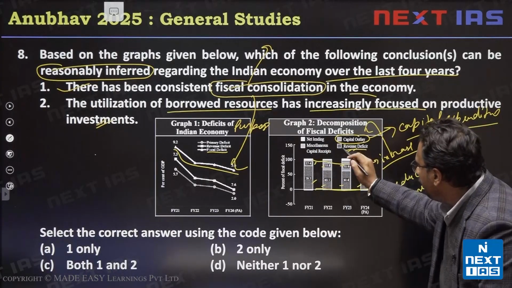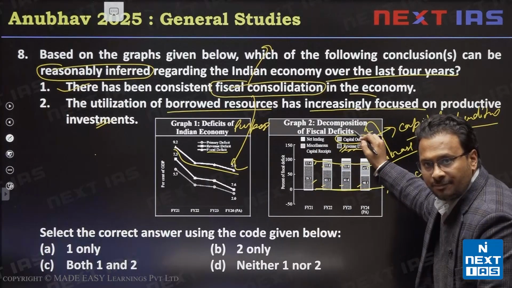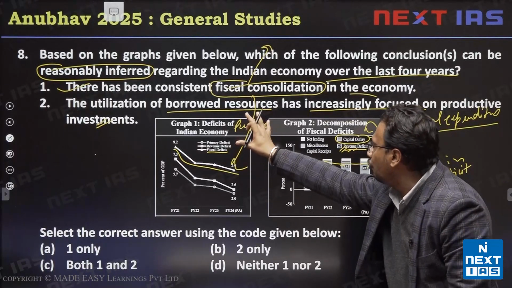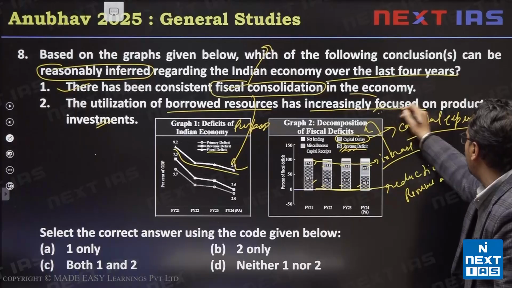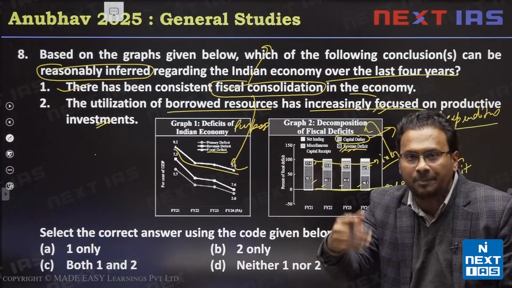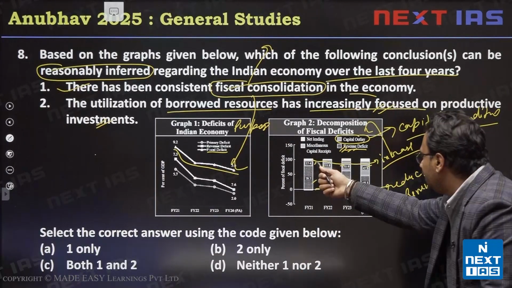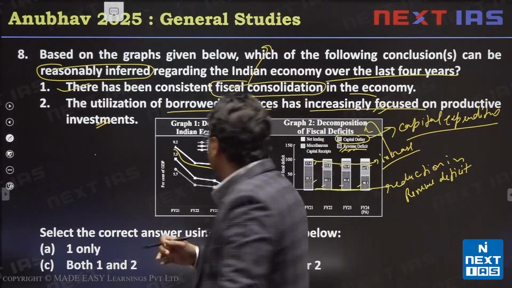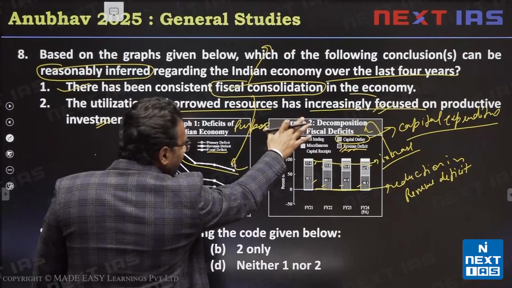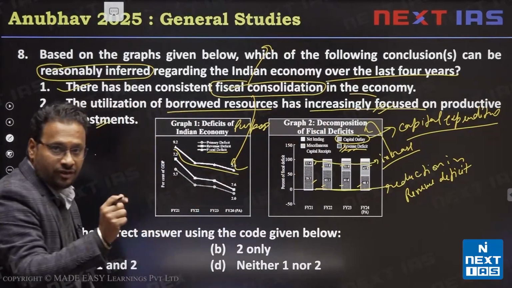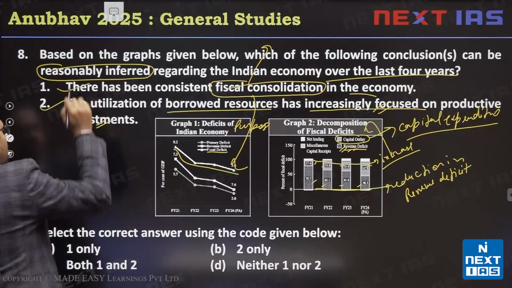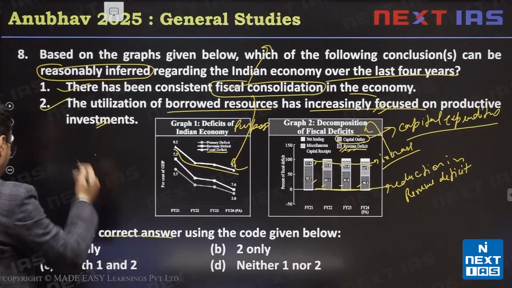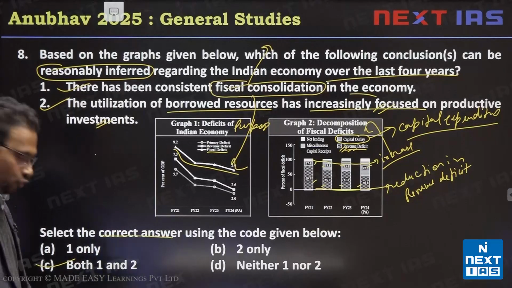So if we only focus on two things, the capital expenditure part and the revenue deficit part, we can understand that the utilization of the borrowed resources has increasingly focused on productive investment. That means capital expenditure. There has been continuous improvement in capital expenditure, which says that yes, the government has increasingly focused on productive investment, right? So statement 2 has to be correct. Based on those things, select the correct answer. The answer has to be 1 and 2 both. C should be the answer.